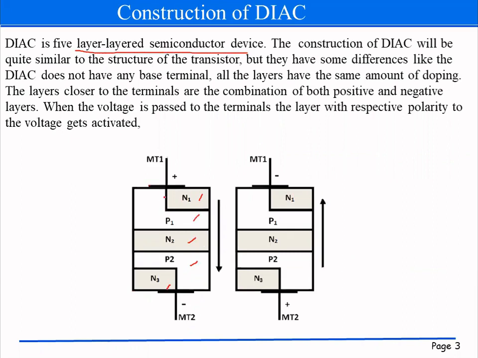All these semiconductor layers, that is N1, P1, N2, P2, and N3, have the same area. In the case of the transistor, we have seen that the base region is very small, whereas the collector region has a high area. In the case of the diac, the area of all the layers is the same.